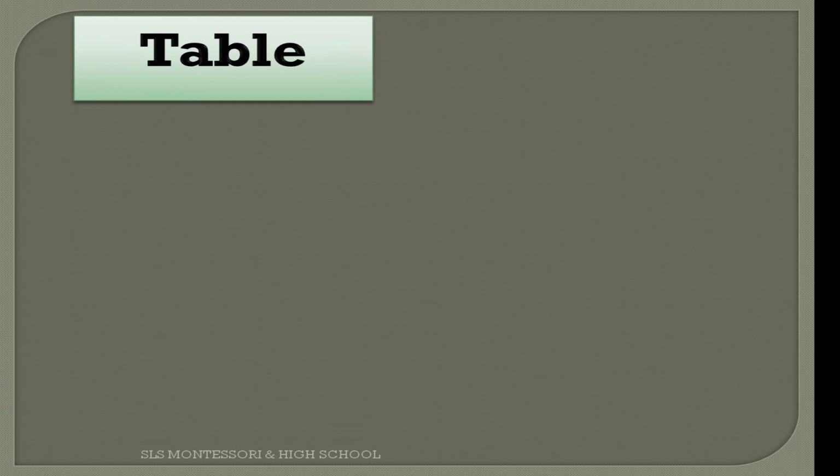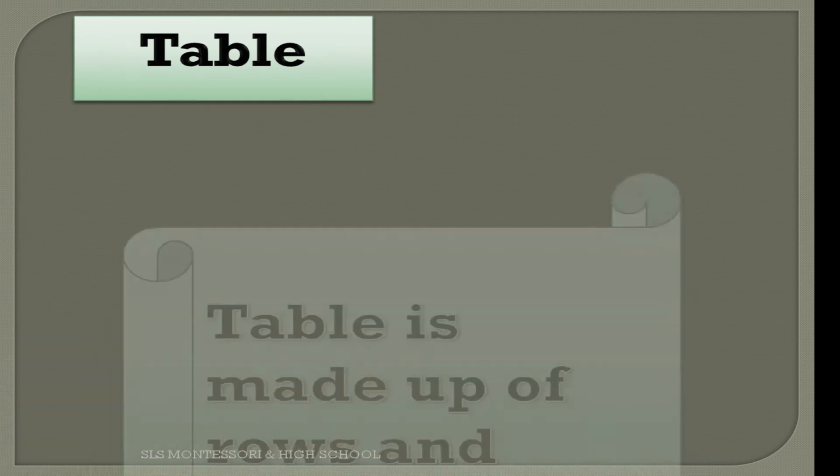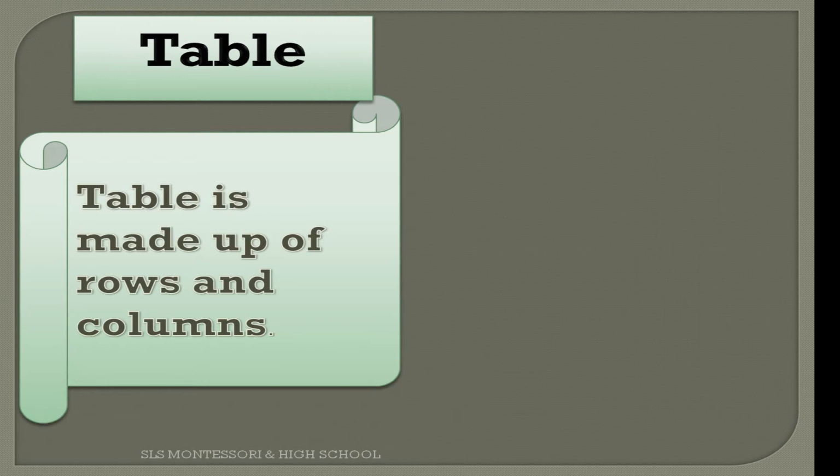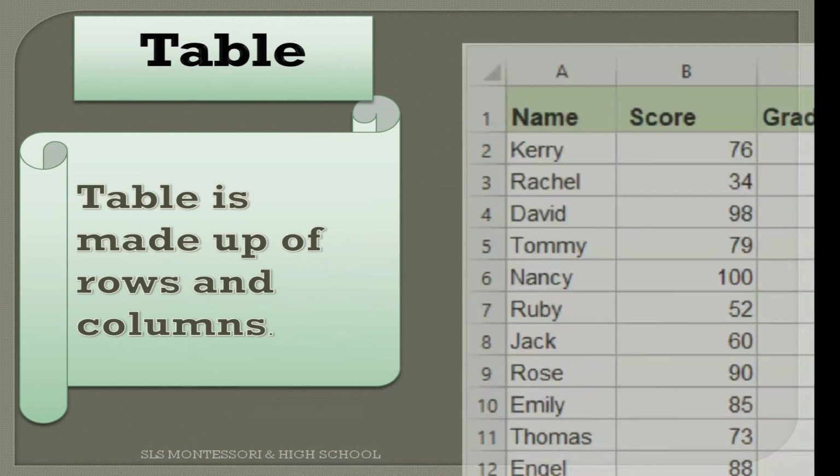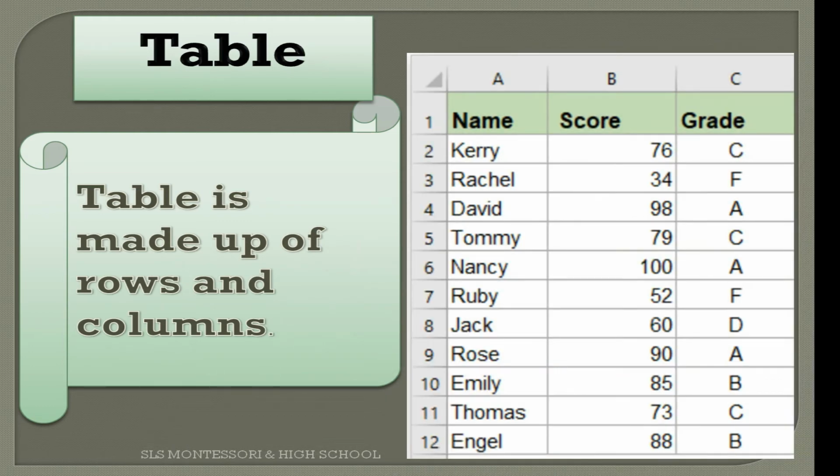Now, what is table? Basically, table is made up of rows and columns. This is the table consisting of multiple rows and multiple columns. Row number 1 contains the label of student name, score and grade.